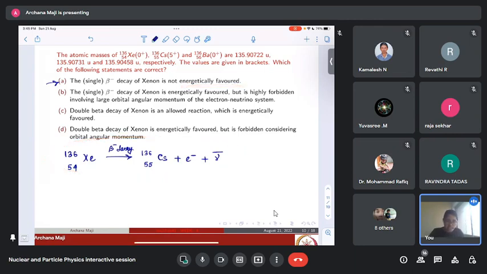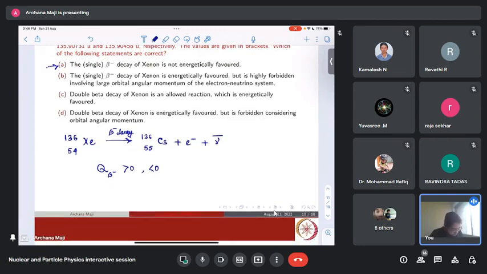So how do we check that? We need to see whether the Q value of this decay process is greater than 0 or less than 0. If Q is greater than 0, that means it is energetically favored. If Q is less than 0, then it is not energetically favored.